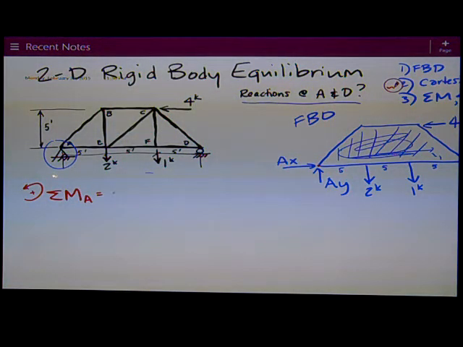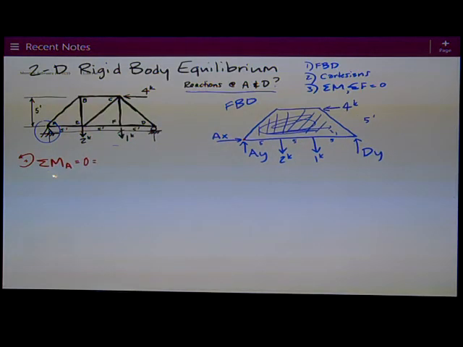Assume counterclockwise is positive, that's 0, the sum of the moments. And starting off on the left end, I've got AX and AY both intersecting the point. So there's 0, they create no moment because they intersect the point.